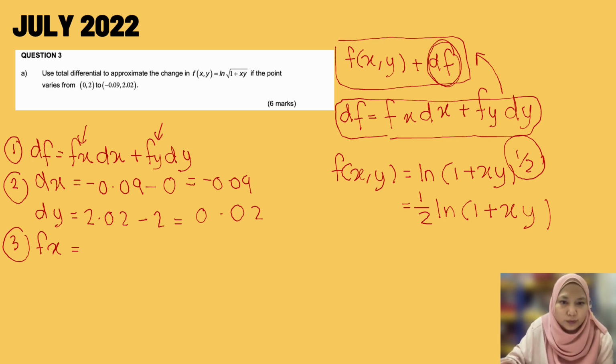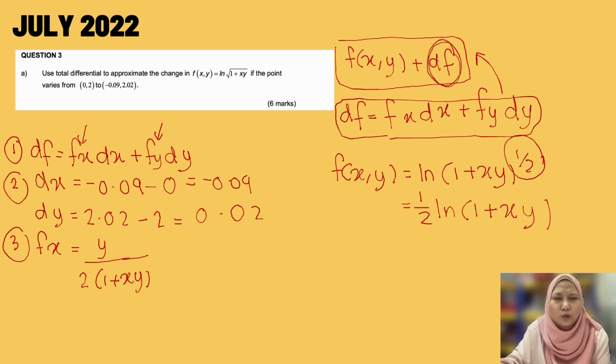So differentiate this with respect to x, we get y over 2(1 plus xy). I hope you already know how to differentiate this one. You have a function inside another function: we have natural log here, and inside this natural log we have another function, 1 plus xy.